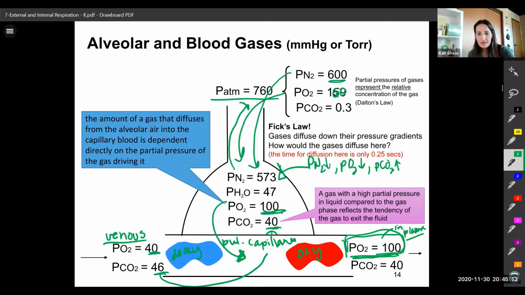We're going to have continued diffusion of CO2 during transit time, right, as we pass through the lung capillaries, until we reach equilibrium with the alveolar space. And so in the oxygenated blood, we should get a reading for the partial pressure, the PCO2, of 40 millimeters of mercury in the plasma.